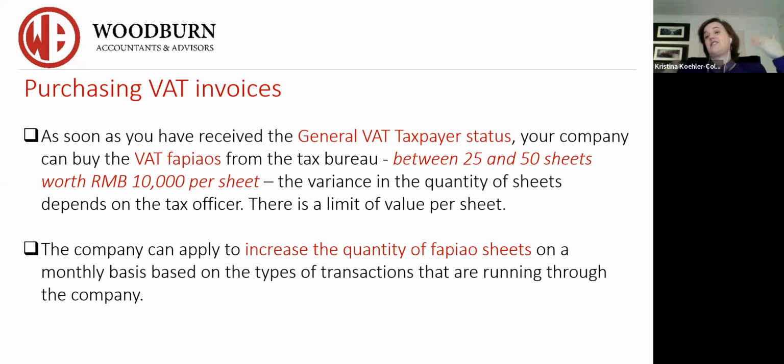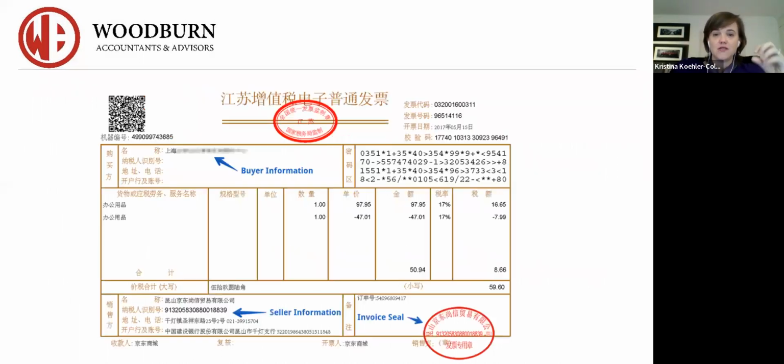Okay, so that your business continues to run on a month-to-month basis, because the Fapiaos have to be issued in the right timing based on your payment terms, based on a lot of aspects in relation to how you're transacting with your clients and your suppliers. When you first set up your company, you're going to get a booklet where each sheet, so this one sheet here that you're looking at, has a value of up to 10,000 renminbi.